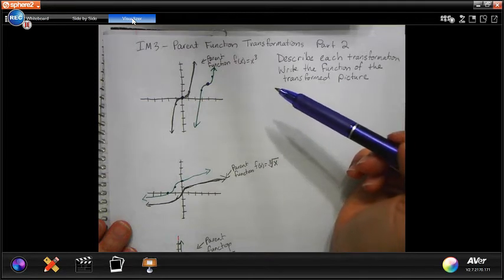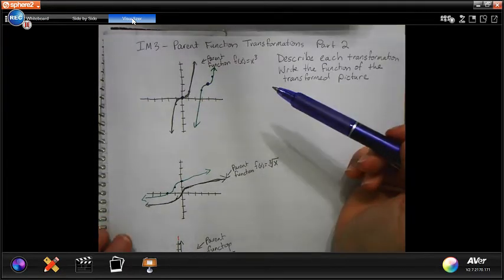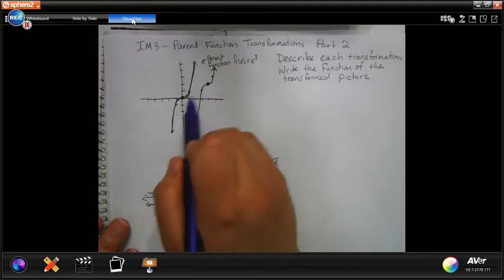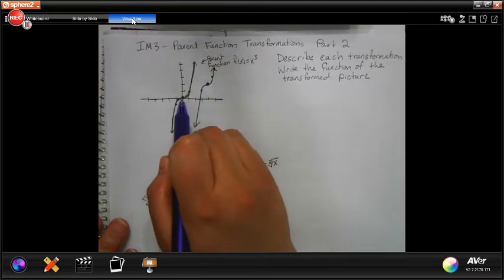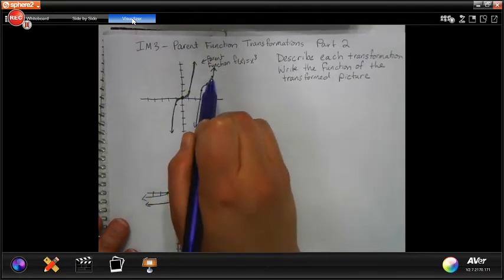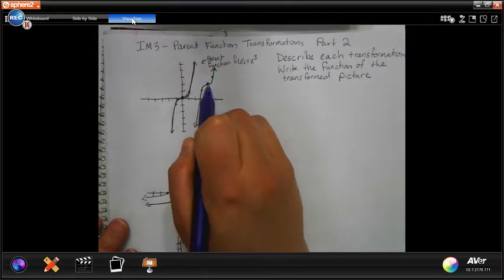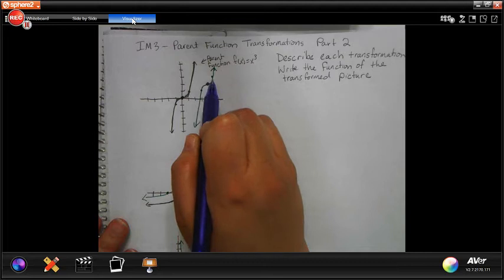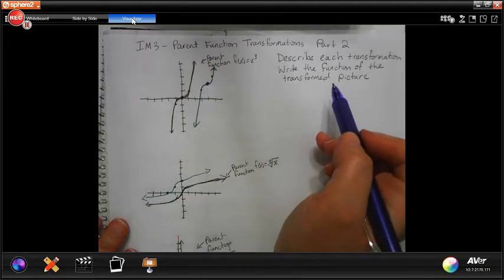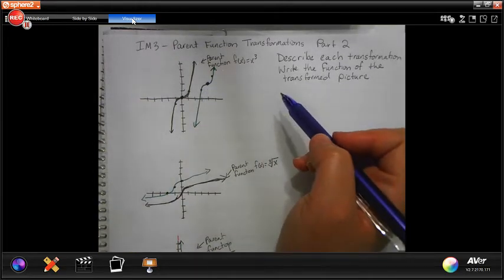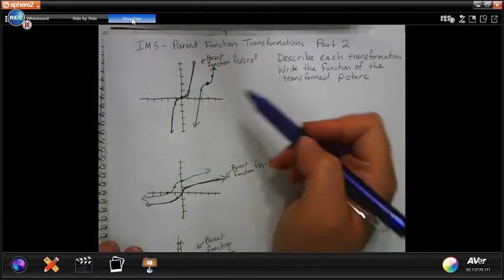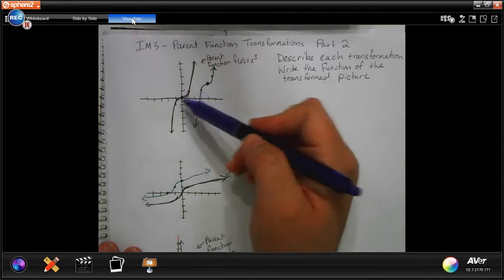To check if there is a vertical stretch or compression, you can check from the center point to one of the other 2 points, and it's over 1, up 1. If you get this one, it's over 1, up 1. So there is no vertical stretch or compression, which means there's no visible A. A is 1, so we don't have to worry about that.